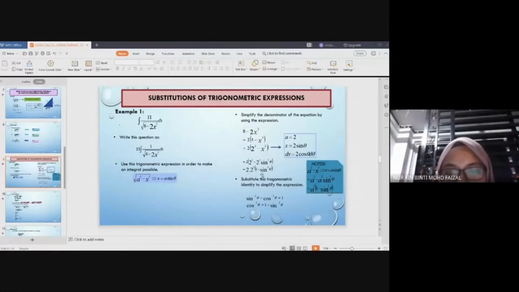Okay, then after we get the factorization, you just substitute the value of 1 minus sine squared theta with the trigonometric identity to simplify the expression, which, as we know, is sine squared theta plus cos squared theta equal to 1. And then we just move the sine squared theta to the right side, and you will get 1 minus sine squared theta is equal to cos squared theta. Okay.